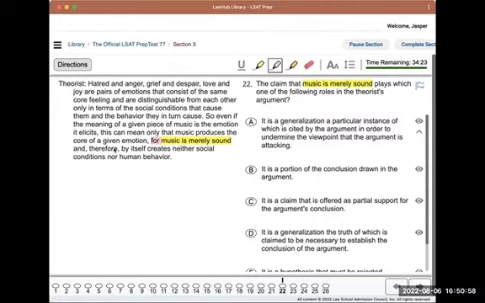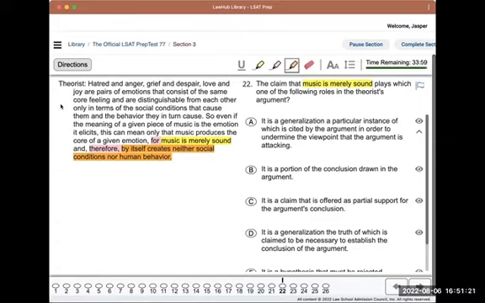And therefore, okay, so it supports something over here, right? But then it's used to support something else as well, is what it looks like. Possibly the main conclusion.